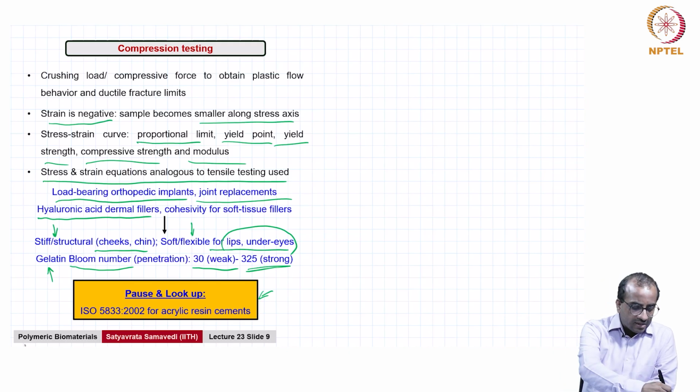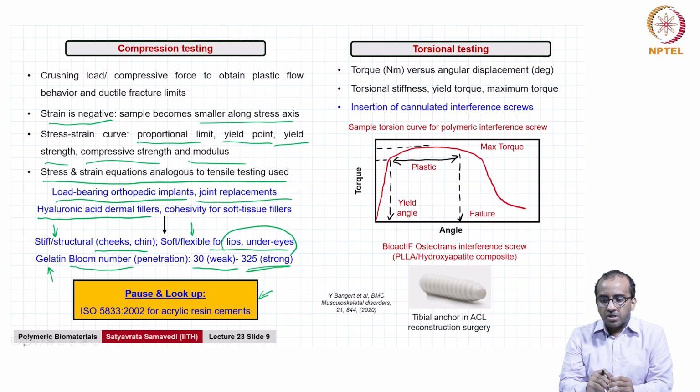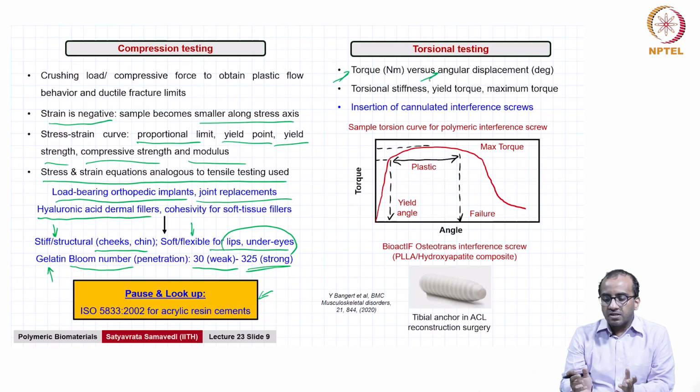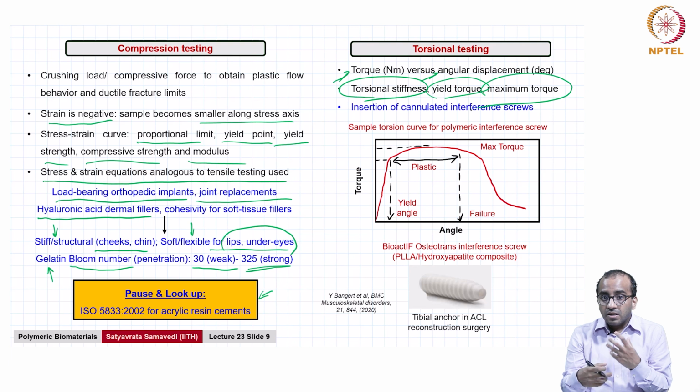Another mode of testing that's quite common and popularly used is called torsional testing. In the biomedical or clinical context, this is particularly used for interference screws, right? Here you are applying a torque and measuring the angular displacement in degrees. Properties of interest here would be torsional stiffness, yield torque, and the maximum torque that the material can withstand.